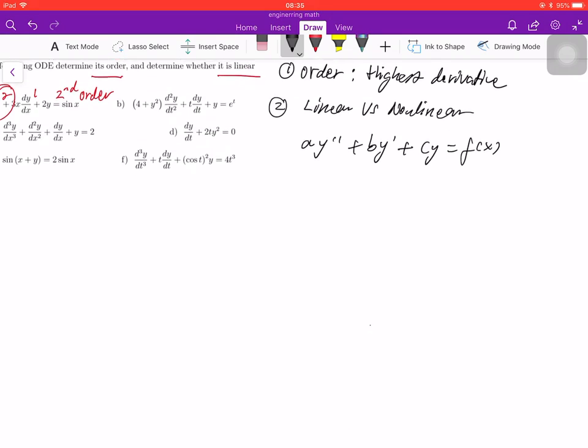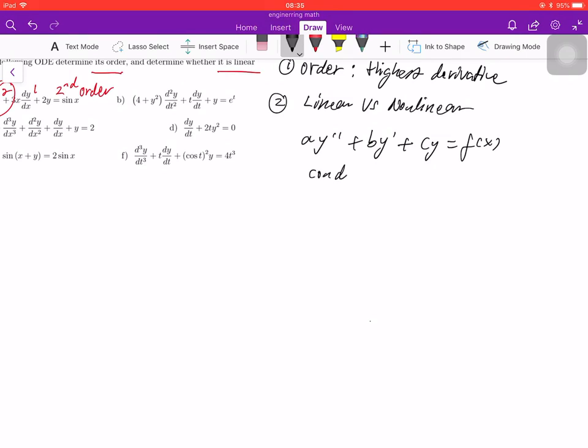A linear differential equation must fulfill these conditions. Condition 1: the coefficients a, b, and c are constants, or they can be functions of x, but cannot be functions of y.